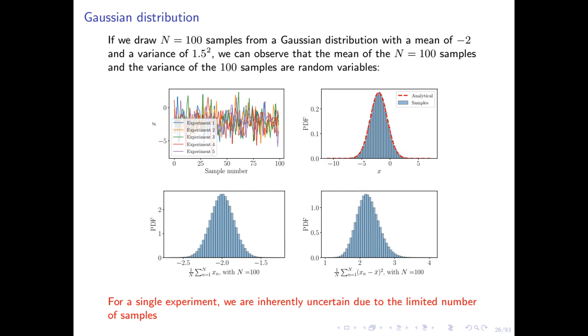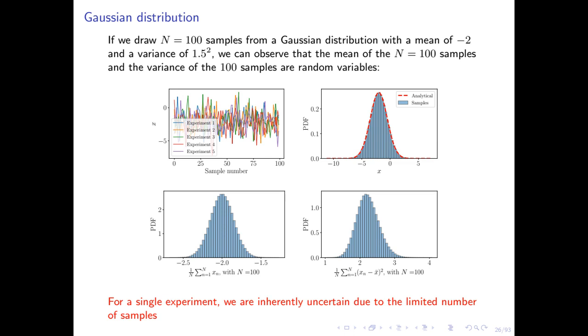If I calculate the mean of those 100 data points, they would be different. So even though the PDF of that distribution remains exactly the same, the means would vary, and if we plot the distribution of the means, we would see it looks something like this. We might observe most frequently a mean of -2, but in some cases the mean might be -1.5, and in some cases it might be -2.5.